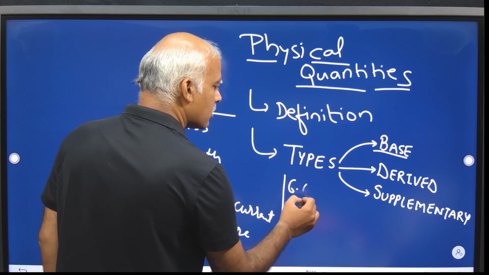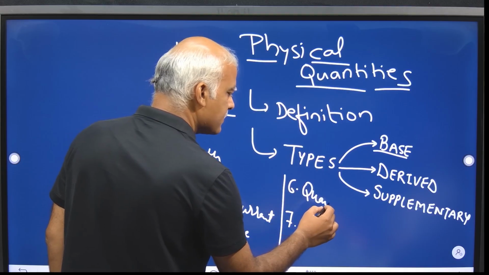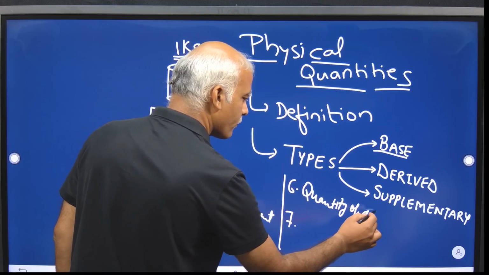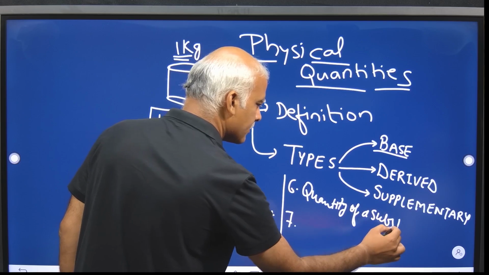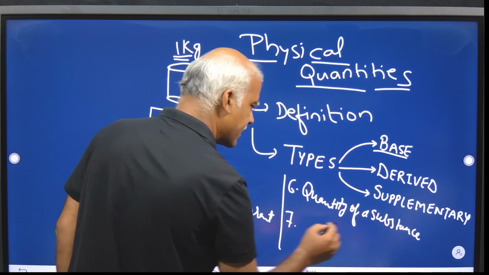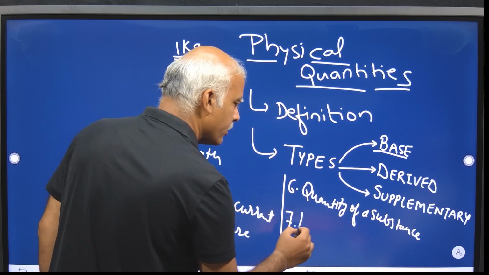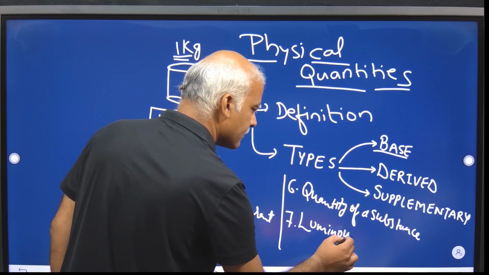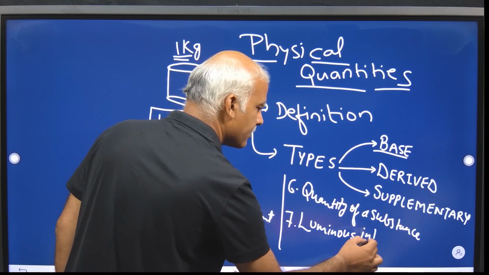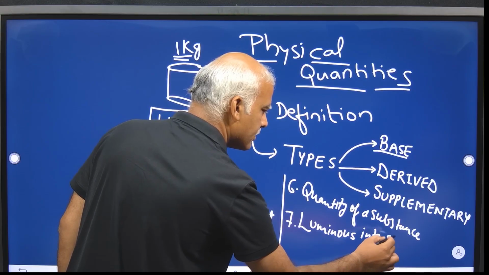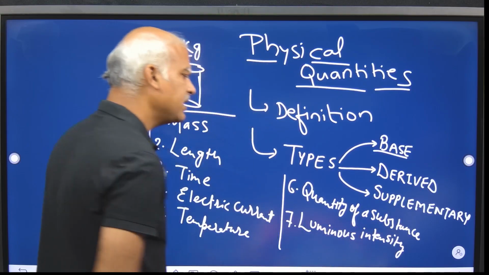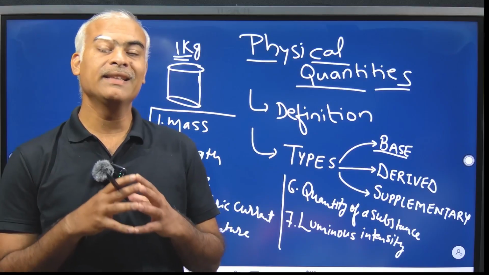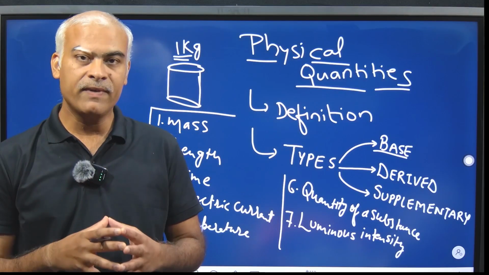That is the quantity of a substance, and the seventh one is luminous intensity. So these are 7 fundamental or base physical quantities, and they are self-defined physical quantities.